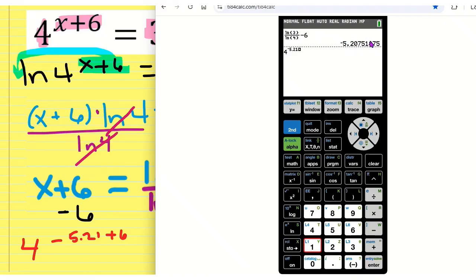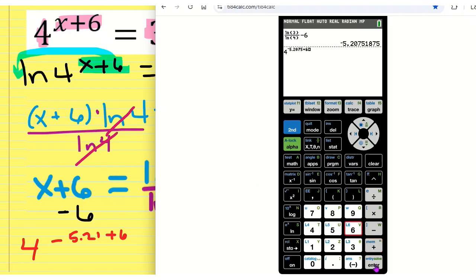Actually, I'm going to grab some extra of those decimal places. So I'm going to put 2075, put some extras, because the more decimal places you put in there, the more accurate it's going to be. So negative 5.2075, and then plus my 6.